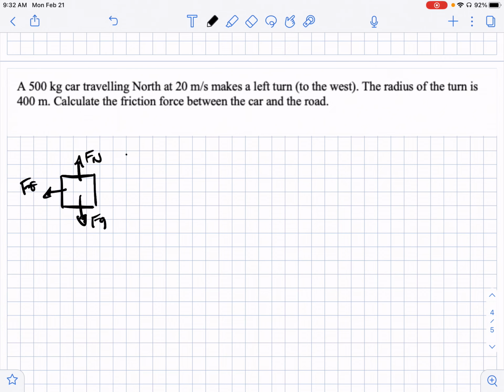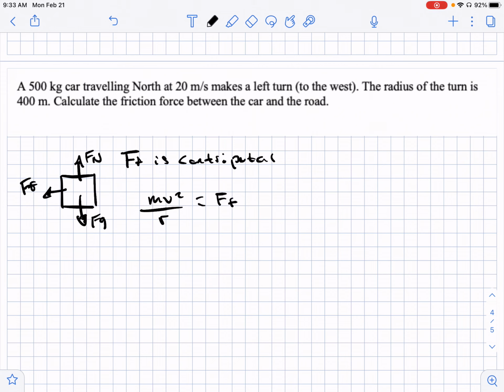Our equation for centripetal force is mv squared divided by r. Since friction is centripetal, we can set this equal to your frictional force.